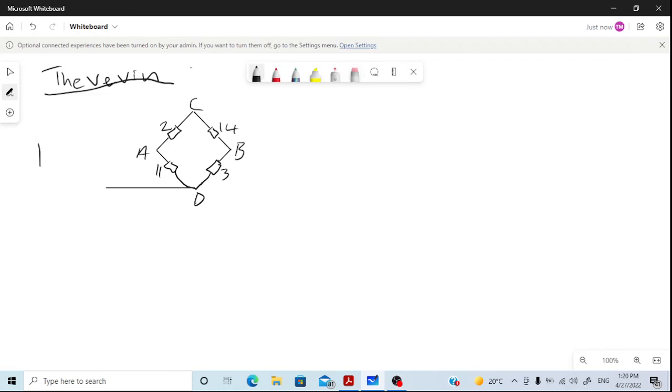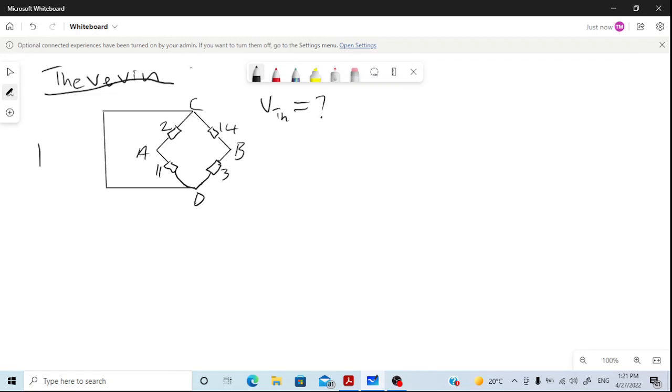Okay, so after removing the voltage source, this is our new circuit. From here we have to calculate what is called Thevenin VTH.